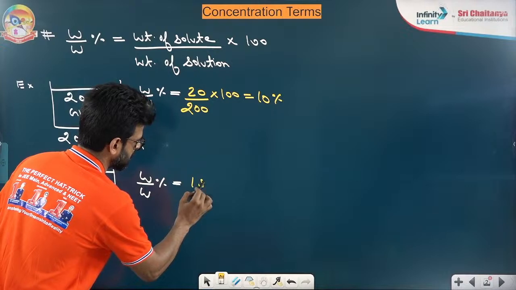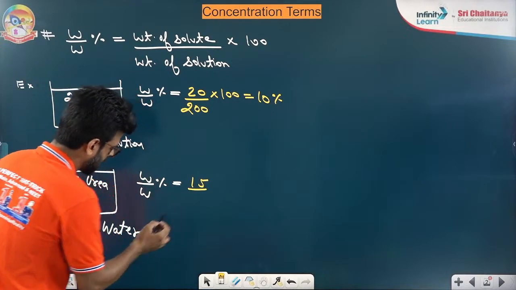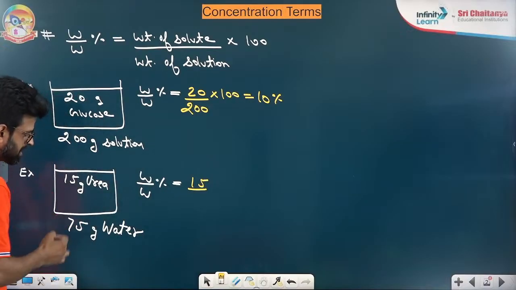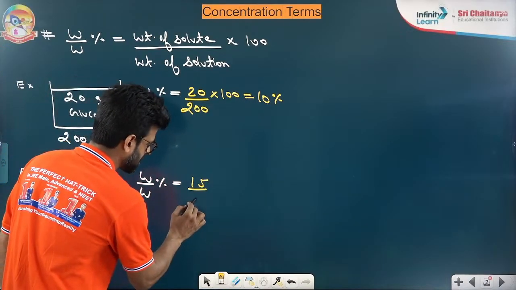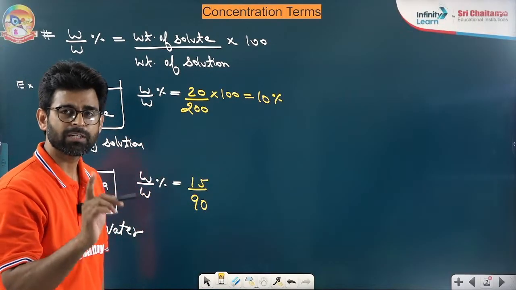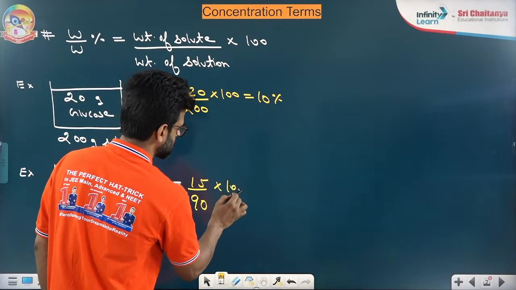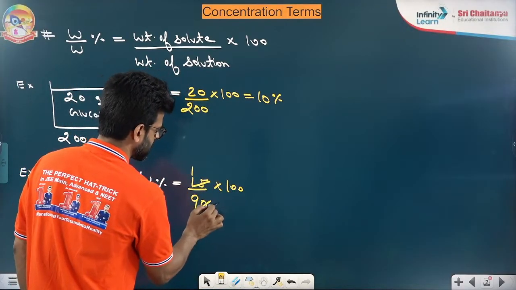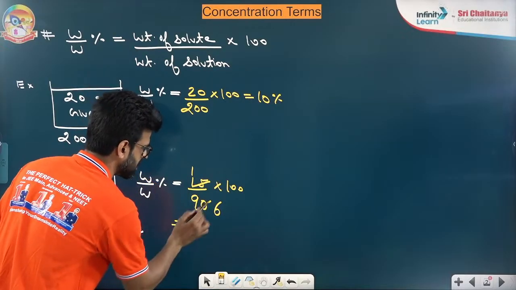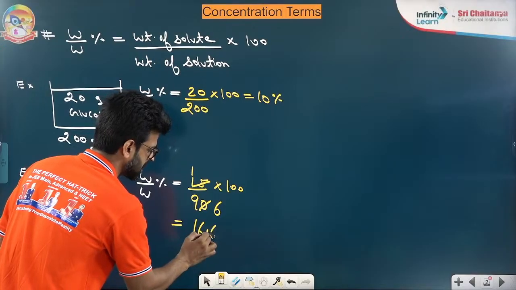It's 15 gram urea. Total, beta, how much? 75 plus 15, how much? 90. Be careful, the total weight of solution I will take, not solvent only, into 100. 15 upon 90 into 100 gives 16.66%, right?